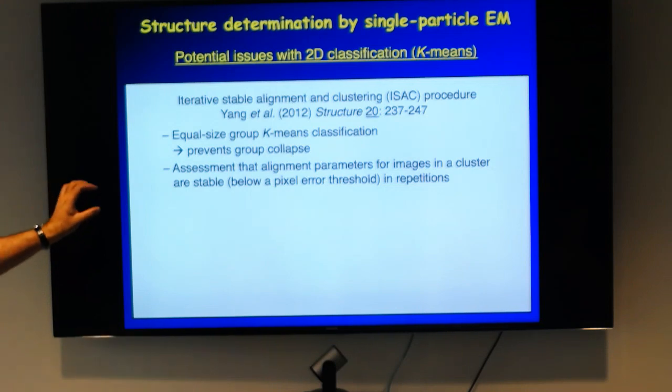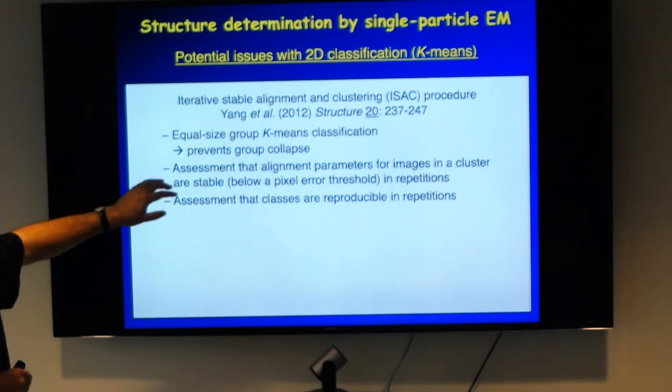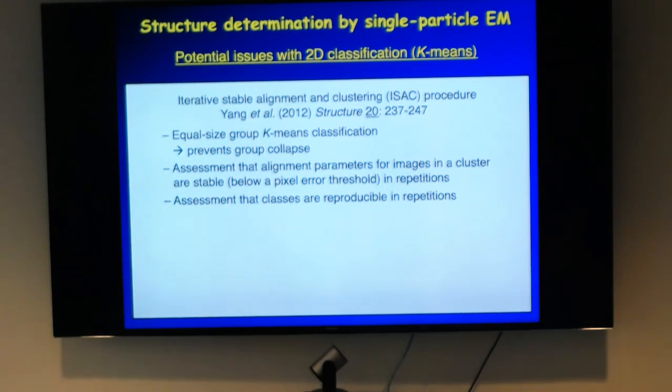So only the ones that are stable, that always align in the same way, will be considered stable particles or stable classes. Then when it has the stable classes, it does the whole thing again several times and checks whether the same classes come back. So in the end, the averages are both stable and reproducible. So they're very reliable.